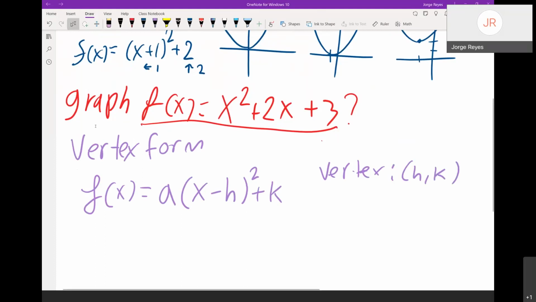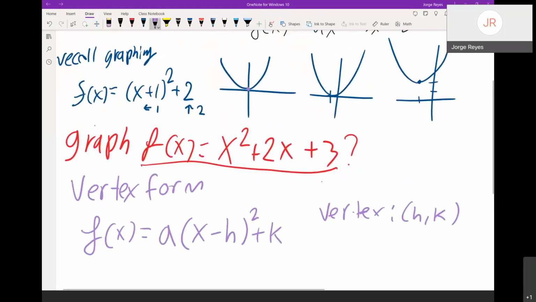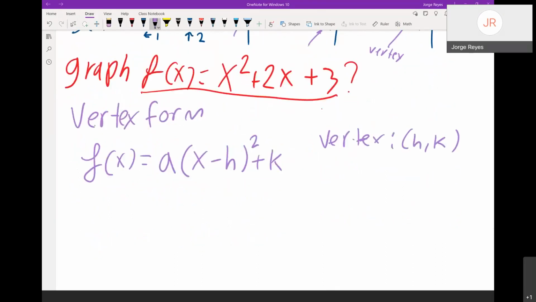Okay, and the vertex is this middle part in the U. So this is the vertex, which is really the most important part, right? Because if you know where the vertex is, then you can just put a U coming from it, right? So we would like it to be in this form.